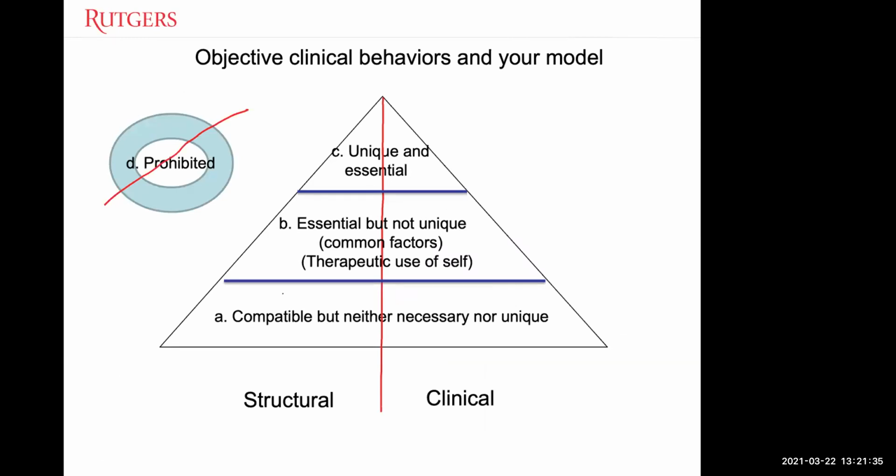Another way you can break this down is to separate the clinical interventions from more structural things. Sometimes if you're doing a program, you need the materials for the program, or you need the group space, or you need transportation, to get to there or get the person to you or whatever it is. So another way to break it down: is it a clinical behavior, or is it more structural, where you need some resource to make it happen?